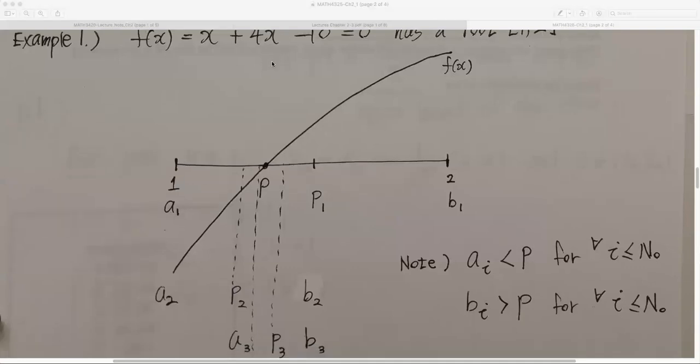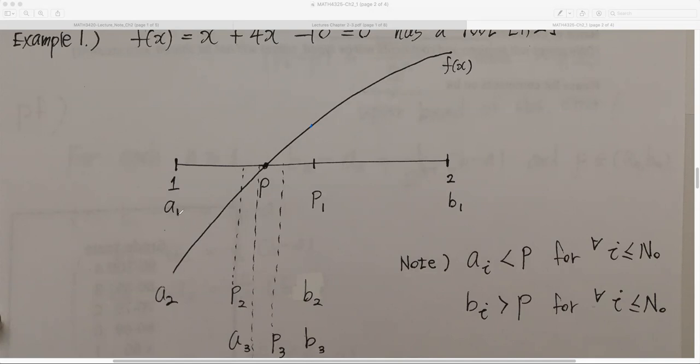We evaluate the function f at x equals p1. We see that f of p1 is positive, so we update b1 to p1. Let's say this is b2, and we set a2 as just a1.